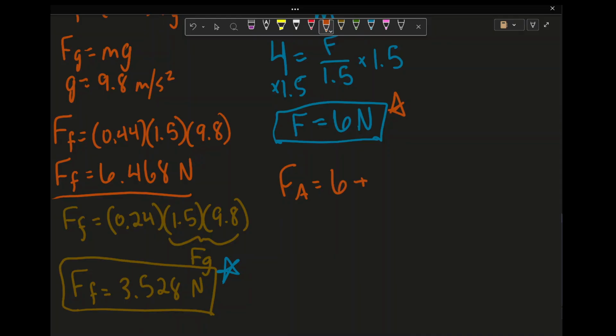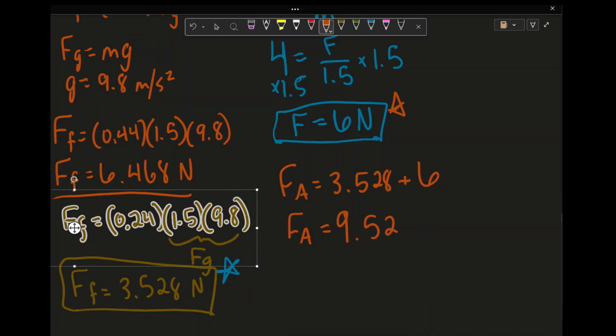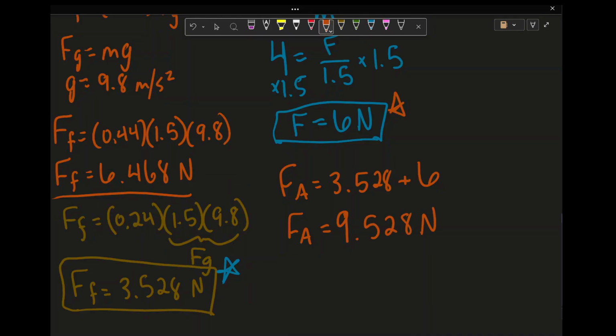So if we first apply our 3.528 newtons to meet friction, and then add 6 newtons on top of that to accelerate it, then we get a total amount of force of 9.528 newtons. And that amount of force is basically doing two jobs. It is meeting the friction and providing enough force to accelerate at the rate that we've determined, so 4 meters per second squared.